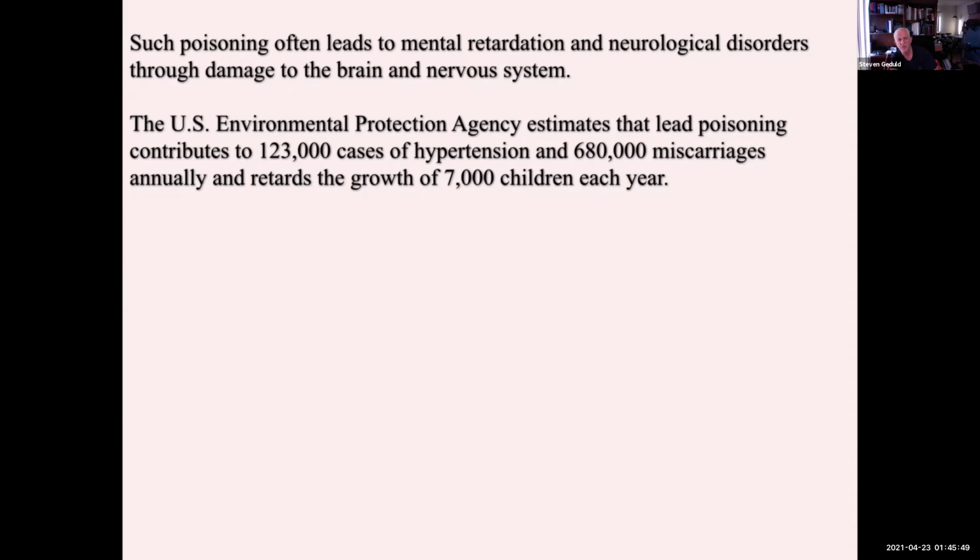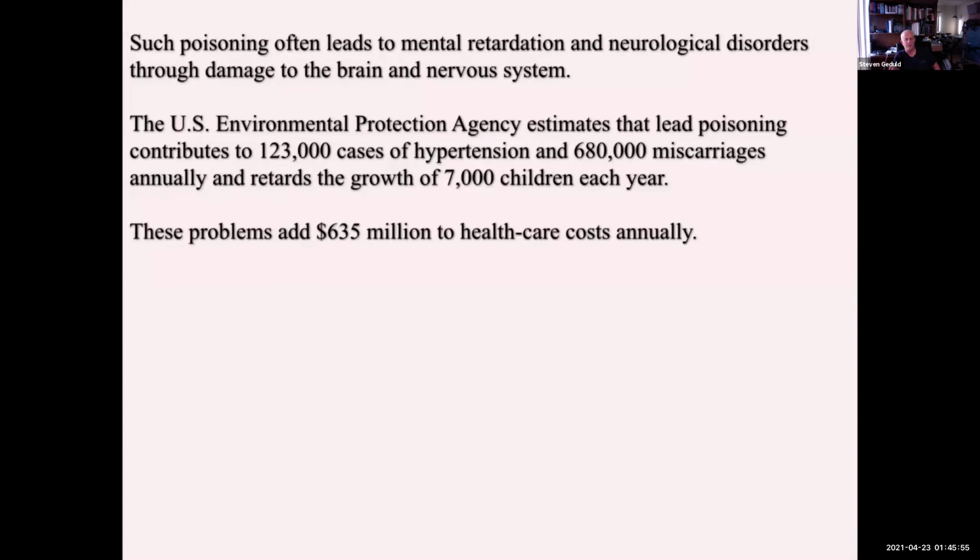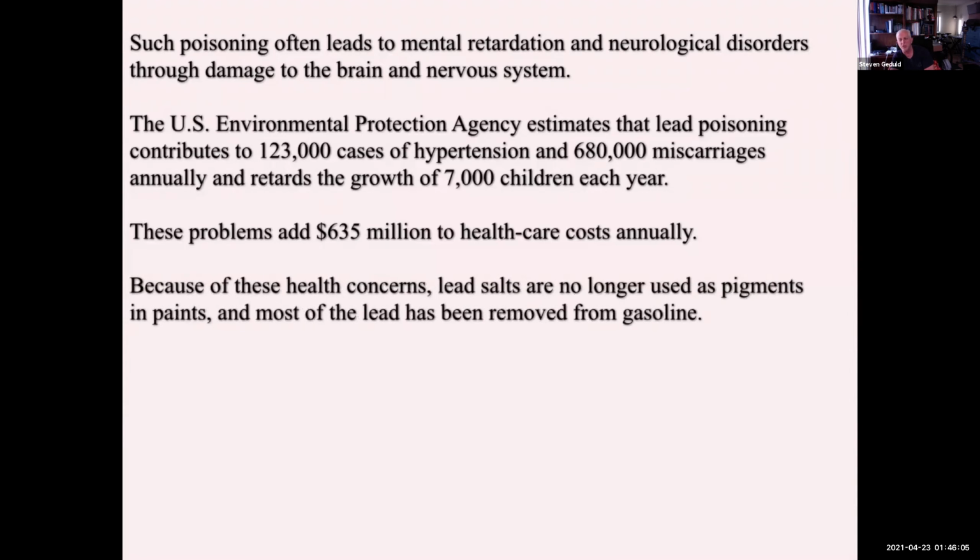That's just from lead poisoning. These problems add about $635 million to the healthcare cost annually. Because of these health concerns, lead salts are no longer used as pigments in paints, and most of the lead has been removed from gasoline. Now we use non-lead gasoline also.